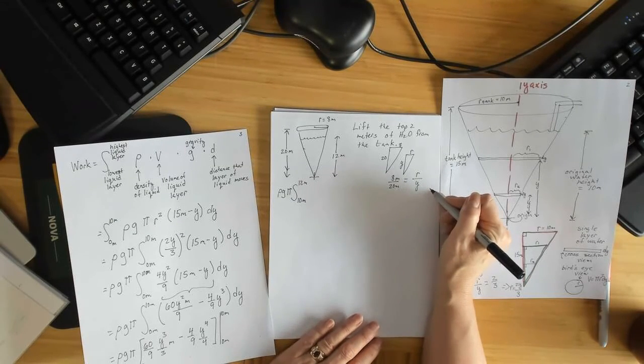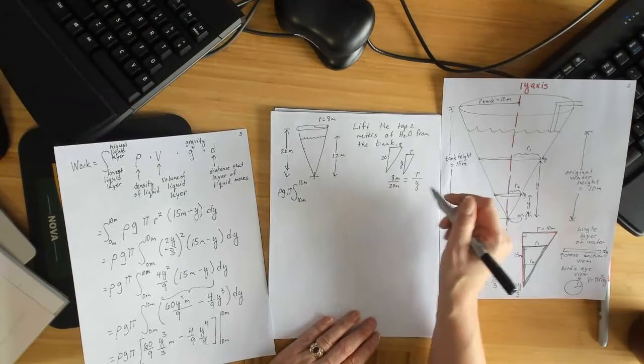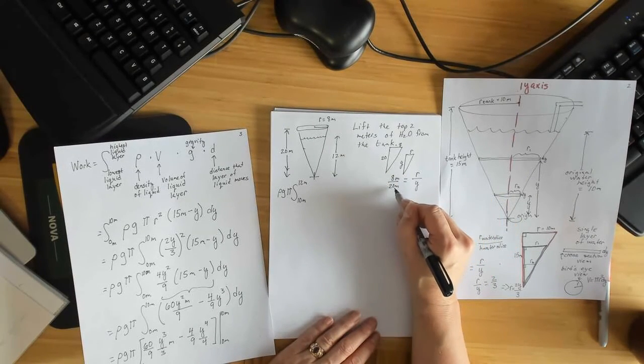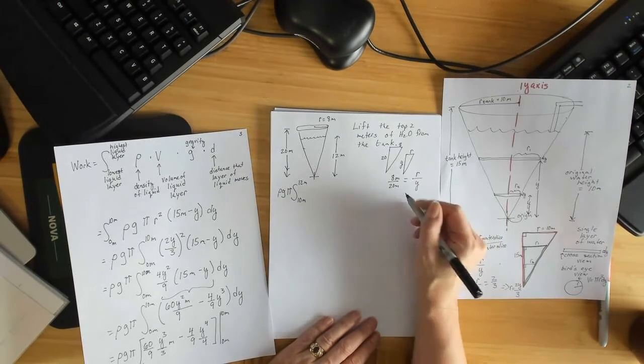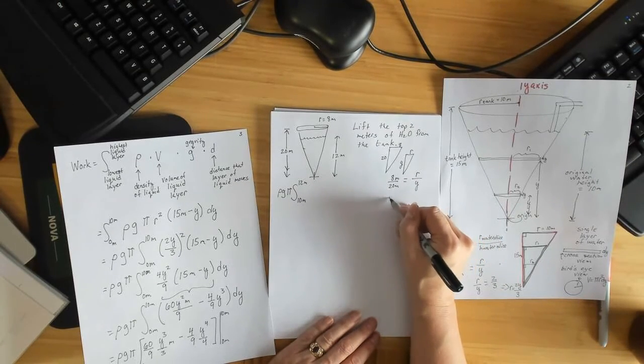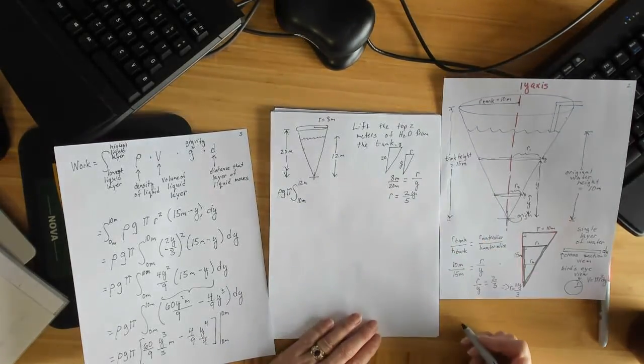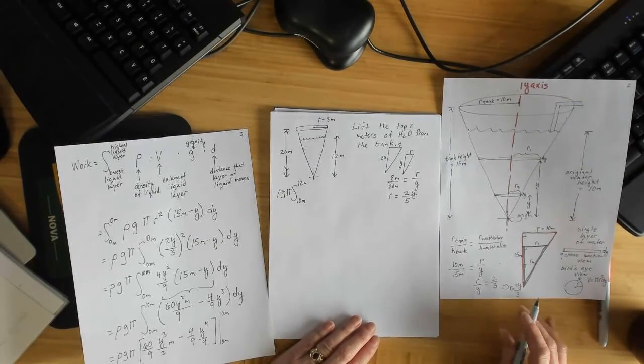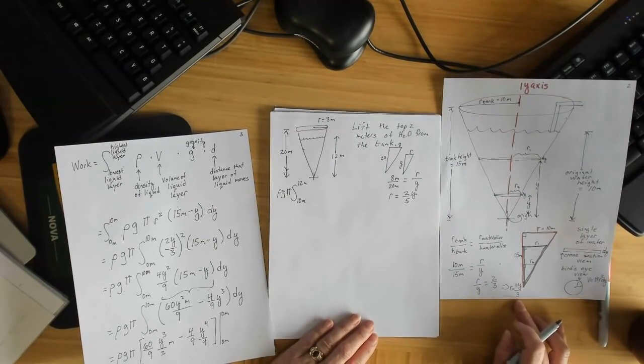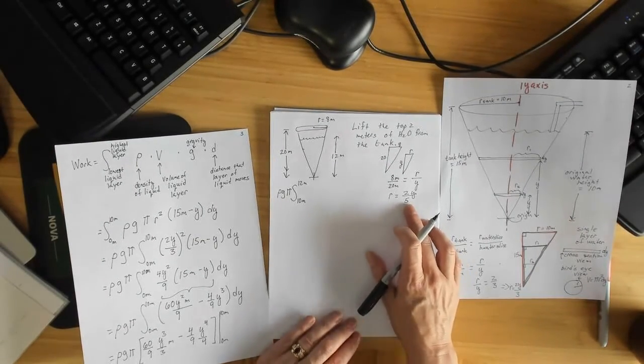Again, to replace R, we need to solve for R, and I can reduce this fraction by dividing both pieces by 4 and canceling the meters units. So this gives me R equals 2 divided by 5 times Y. So my R has changed. It's no longer 2Y over 3. It's now 2Y over 5.